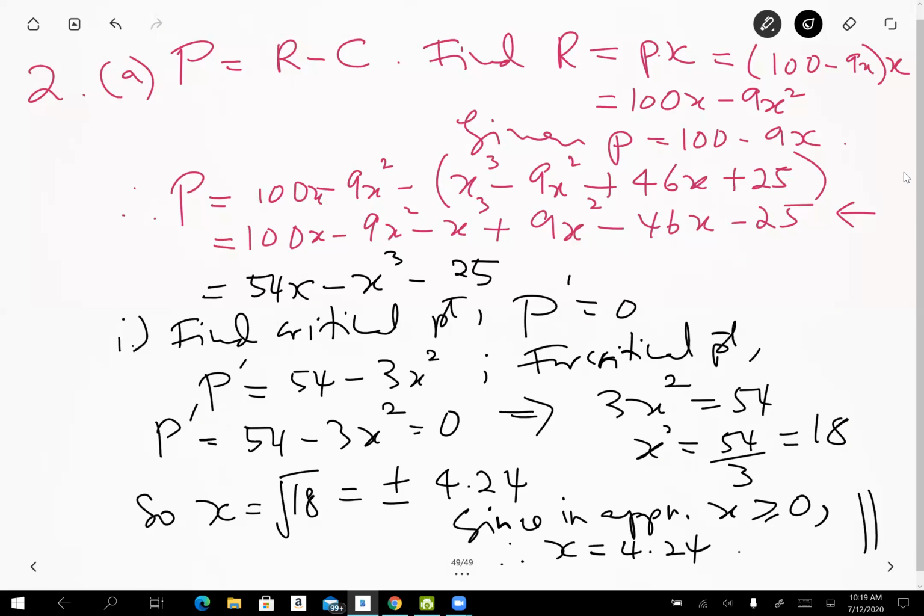But you don't have to, because in application, we only worry about the positive output, 0 or positive. So you just take the first value, 4.24, because the negative value is not relevant.